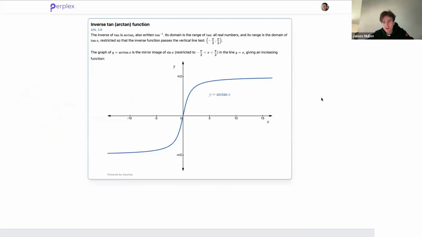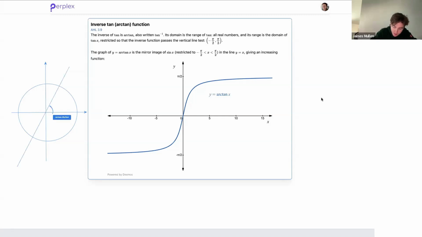The last inverse function we need to know is the arctan function, and it's a lot less common than the arcsine and arccos functions, but it's still important. And for the arctan function, we need to realize that tan, remember, is a function that takes an angle and essentially gives us a slope in the unit circle. Okay, so tan takes a line like this that goes through the origin, and it gives you back an angle.